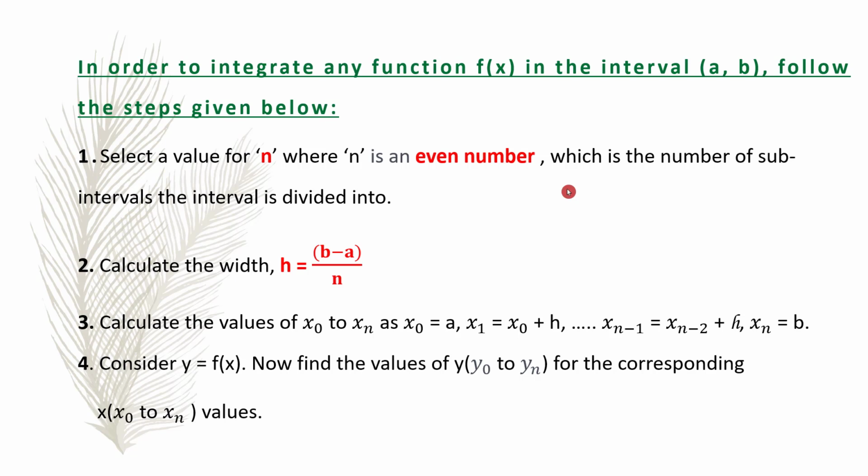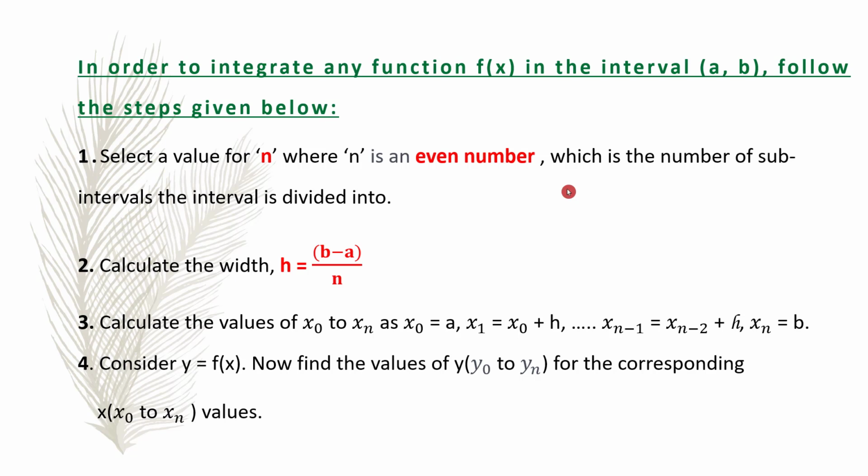The width of each subinterval is h, where h equals (b minus a) divided by n. Step 3 is to calculate the values of x0 to xn: x0 equals a, x1 equals x0 plus h, and so on till xn-1 equals xn-2 plus h, and xn equals b.